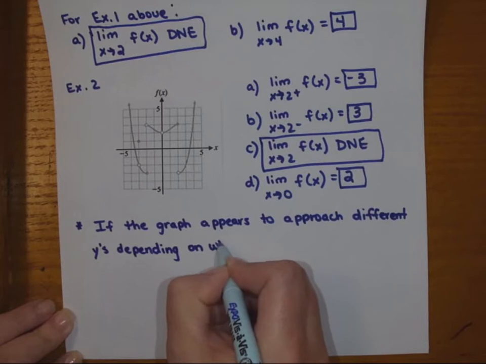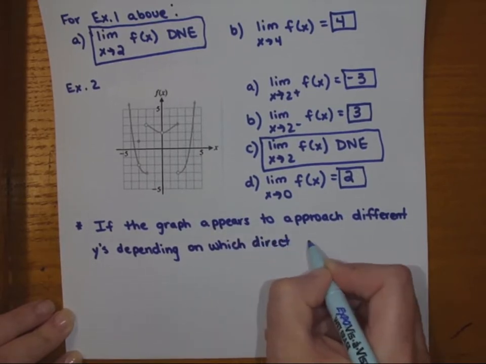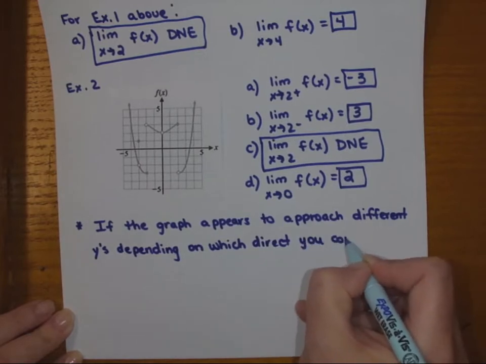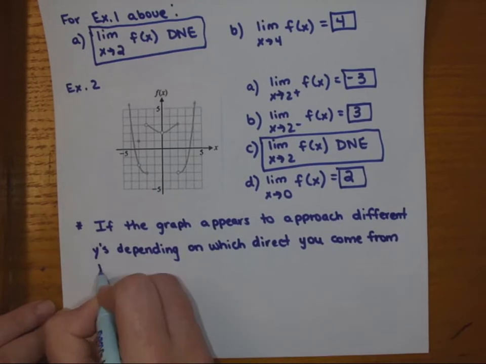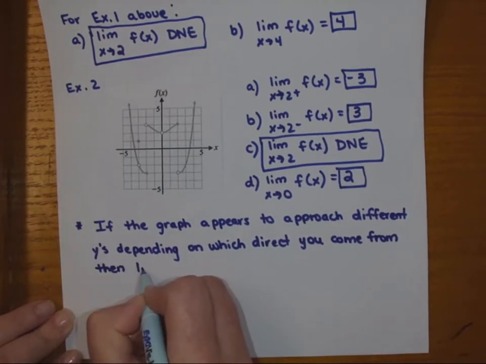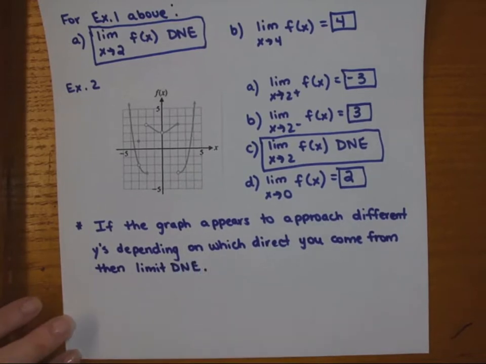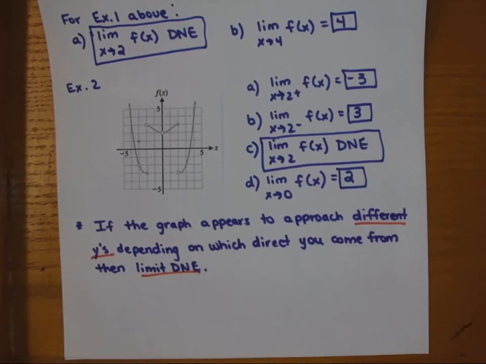If there's any confusion about which y value you should talk about, then it's probably that the limit doesn't exist. Okay, so if you have different y's, then the limit doesn't exist. Okay, simple enough, hopefully.